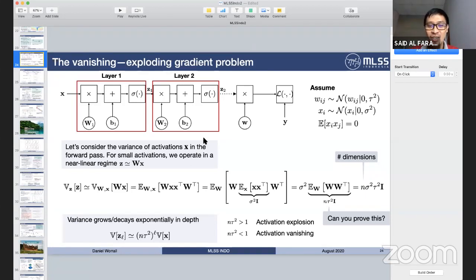Okay, thank you. Next question from Salman Al-Farisi. What is actually the biggest mistake if the model doesn't converge? Instead of oscillating around two points, is the only problem that the learning rate is too big?